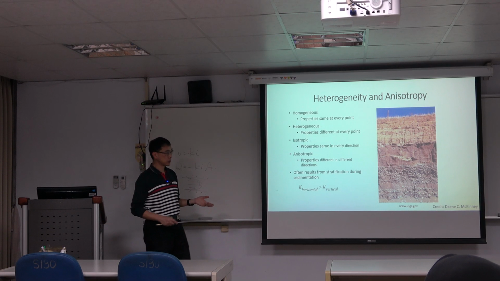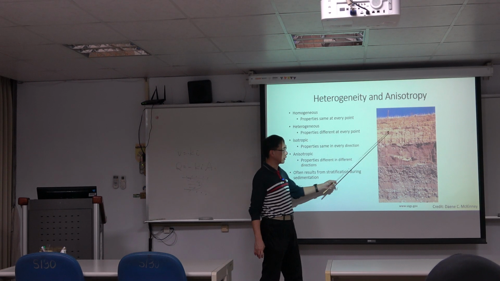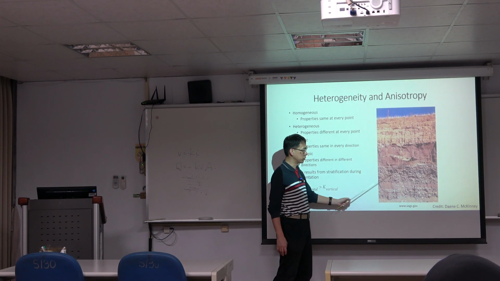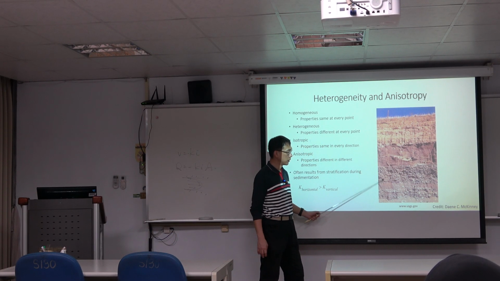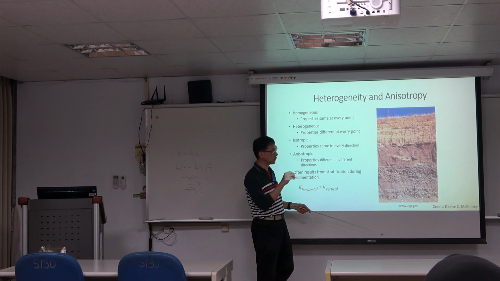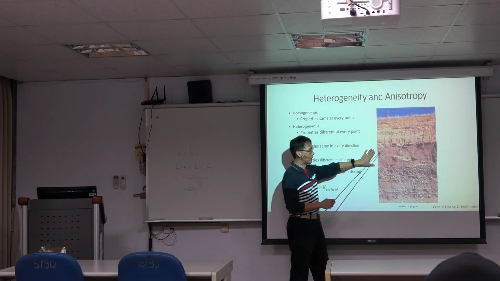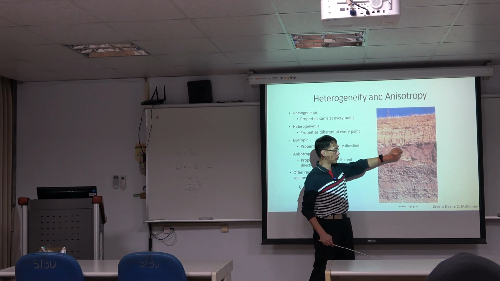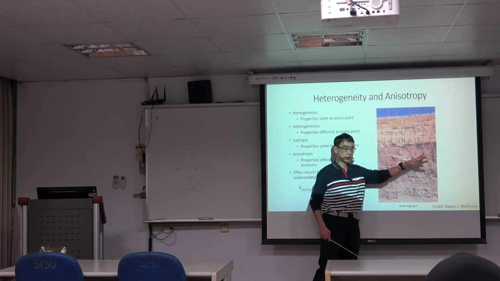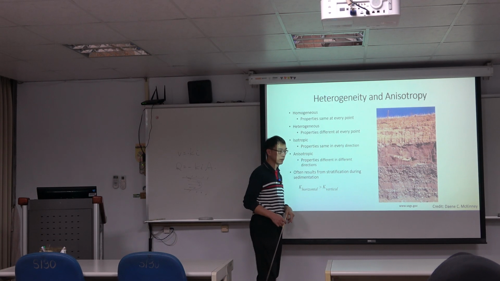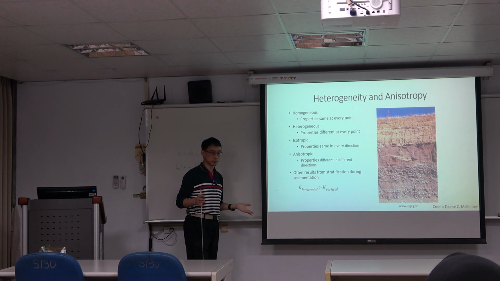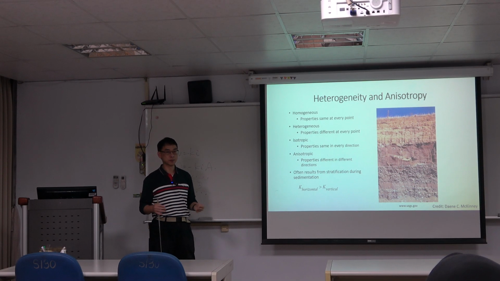Even in these kinds of systems, although you can see they are the same or similar materials, when you go deeper or take a core sample, even if it looks quite uniform and you do the experiment in the lab, you will find that their K values could vary, maybe by 1 order of magnitude.